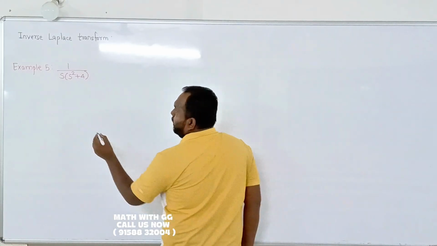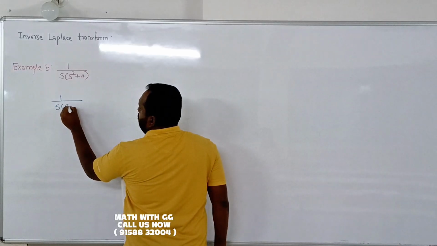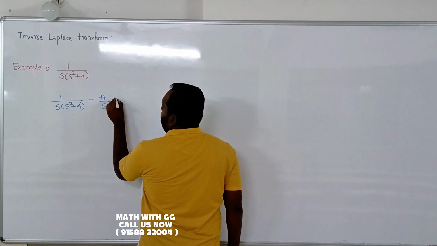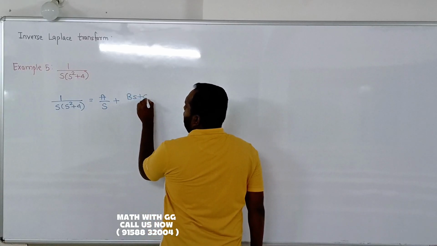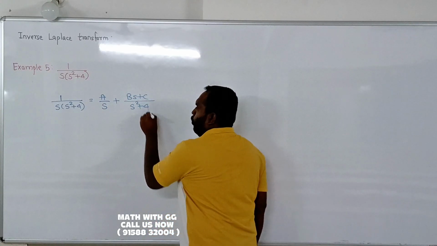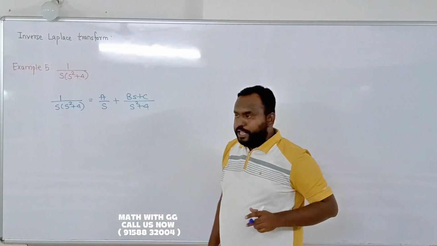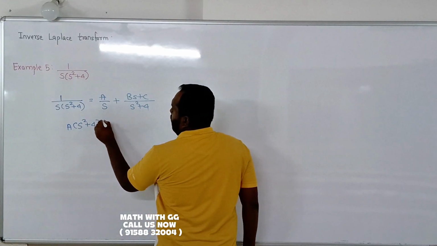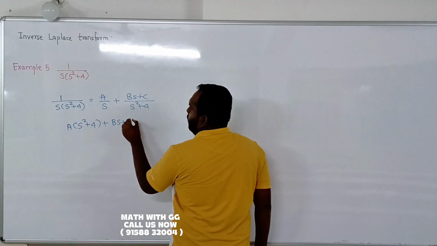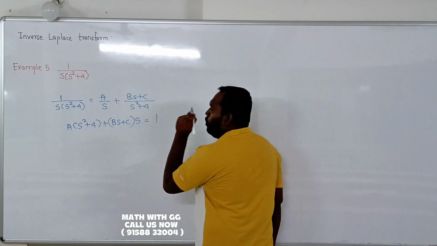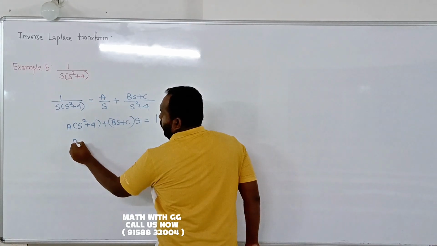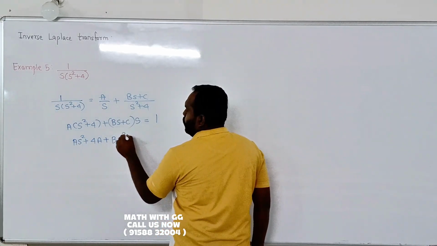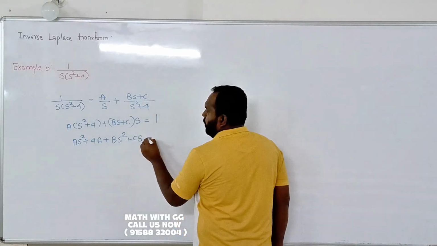So this can be written as 1 upon s into (s square plus 4) is equal to a upon s plus (bs plus c) upon (s square plus 4). Now cross multiplying and cancelling the denominator, we get a into (s square plus 4) plus (bs plus c) into s equal to 1. Therefore, as square plus 4a plus bs square plus cs equal to 1.